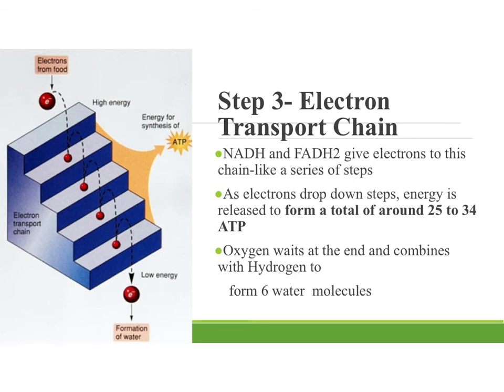So in the perfect world, 34 ATP would be produced. However, we never ever produce the perfect amount. Okay, so you'll get a range somewhere between 25 and 34. And then at the very end of this, oxygen is going to combine with the hydrogen, and we also get 6 water molecules as just a waste product.